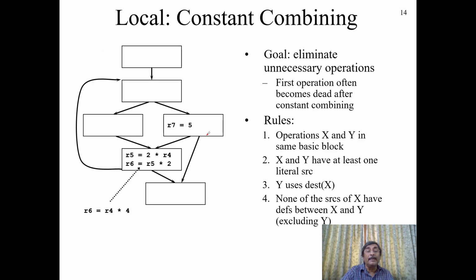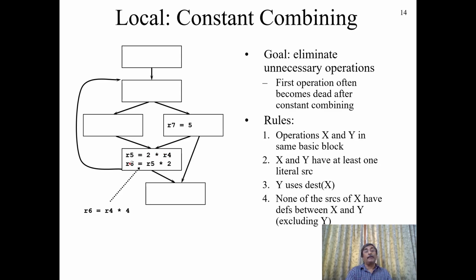Now constant combining. You see that the moment I write R7 is equal to 5, right? Here you see R5 equal to 2 into R4 and R6 equal to R5 into 2. So what we can do, since R4 is already fetched, is 2 into R4 into 2, that is R4 into 4. So X and Y are in the same basic block. They have at least one literal each.